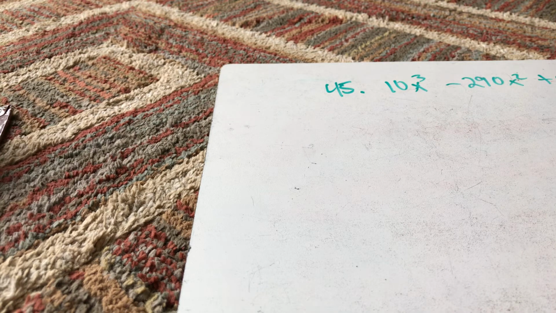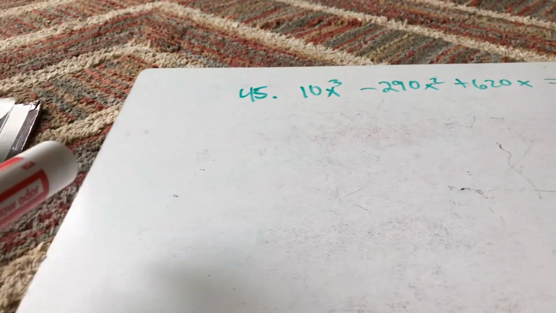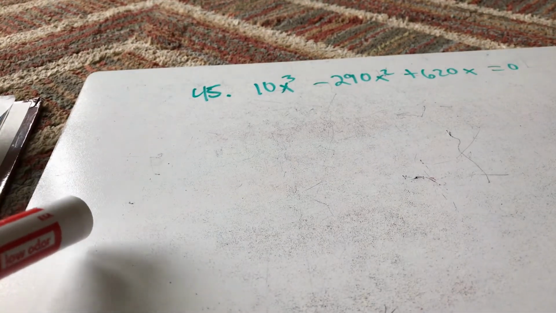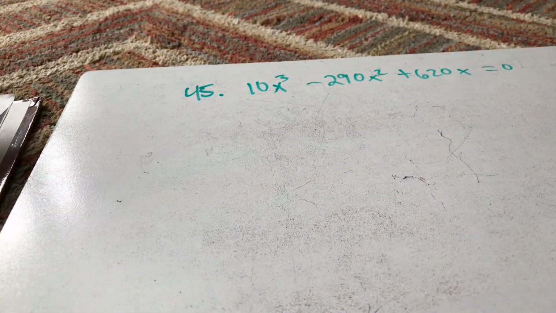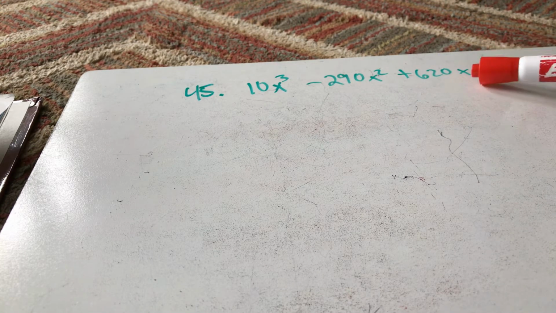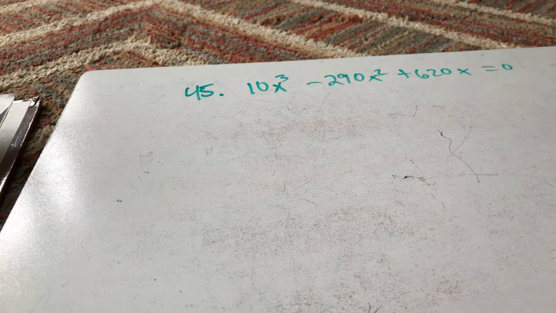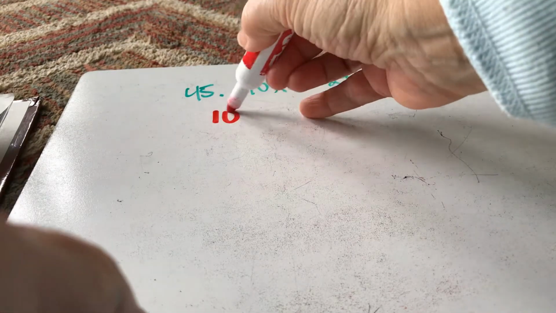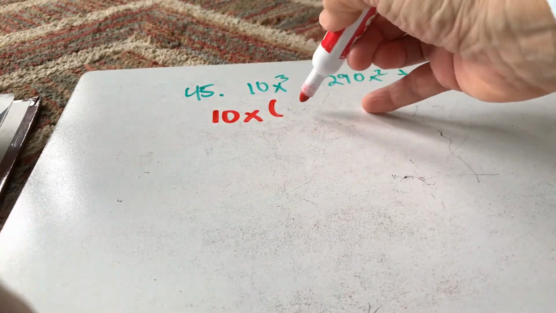All right, so 45, when I take a look at that, I ask, is there a greatest common factor? Something you could divide everything by. I'm seeing everything ending in a 0, so that tells me I can divide everything by 10. I also see an x to the first power, a variable of x, in each term. So I'm going to take out a 10x, or divide everything by 10x.